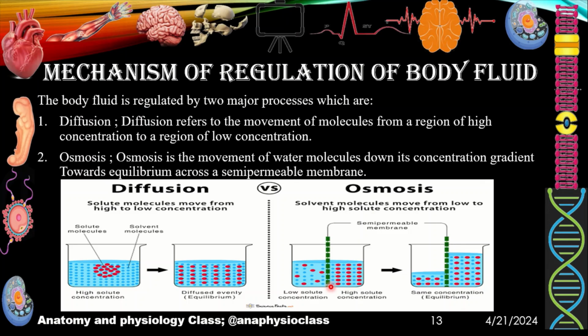While when the concentration is lower in the body fluids and higher inside the cell, the content of the cell will try to migrate from the ICF, the intracellular fluid, into the ECF, the extracellular fluid, so as to maintain an equilibrium. So this is how the body fluid content is regulated, in a simple super summary.